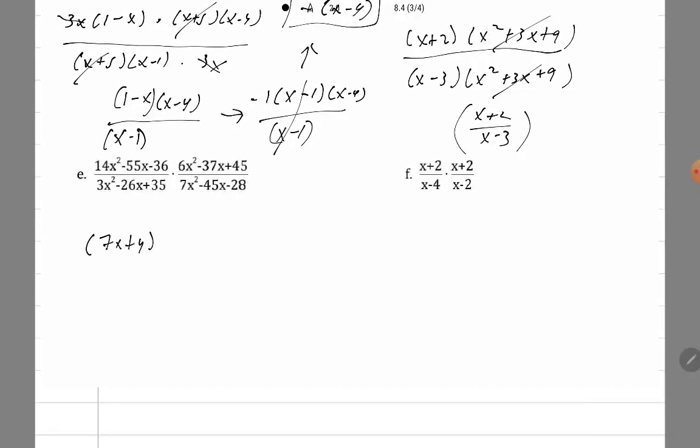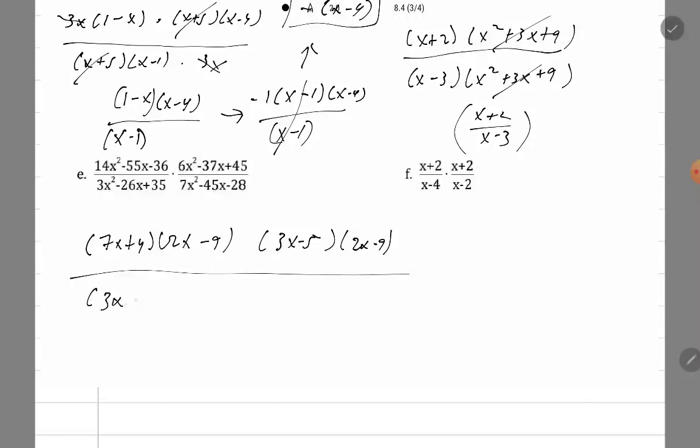7x plus 4, 2x minus 9 times 3x minus 5, 2x minus 9 over 3x minus 5, x minus 7, 7x plus 4, x minus 7.